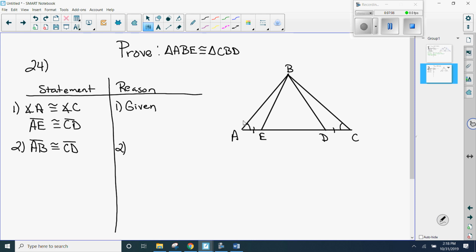The converse of what you told me before, right? So sides opposite congruent angles are congruent. Now keep in mind that has to be within the same triangle.